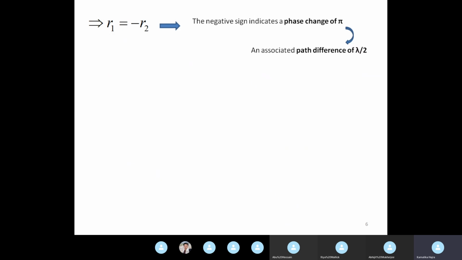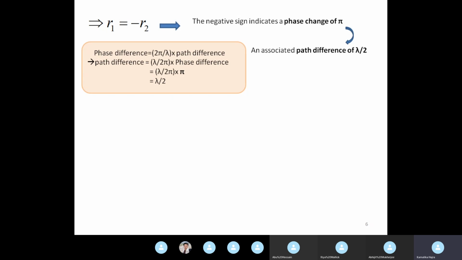R1 equal to minus R2 means that the negative sign is brought about by a phase change of pi. Whenever there is a phase change of pi, a phase change of 180 degrees, the sign becomes opposite. And a phase change of pi is associated with a path difference of lambda by 2, and this little bit of algebra shows why it is lambda by 2.